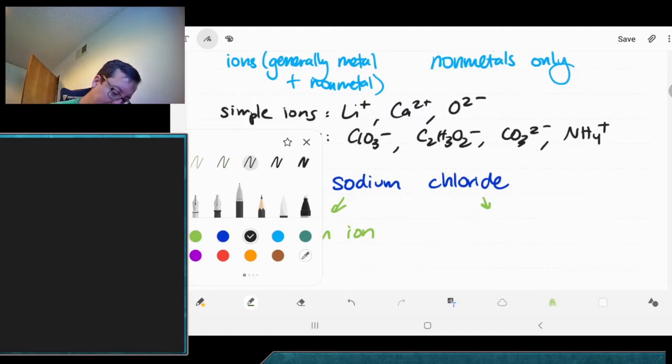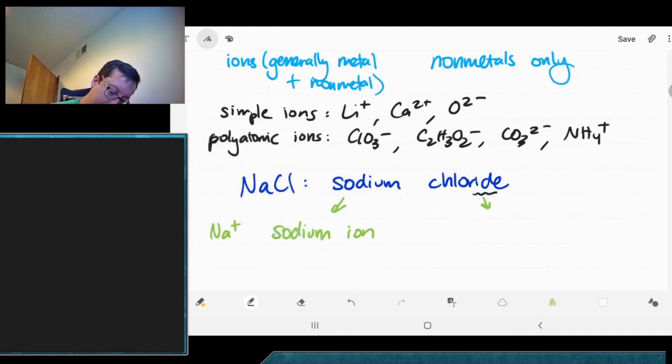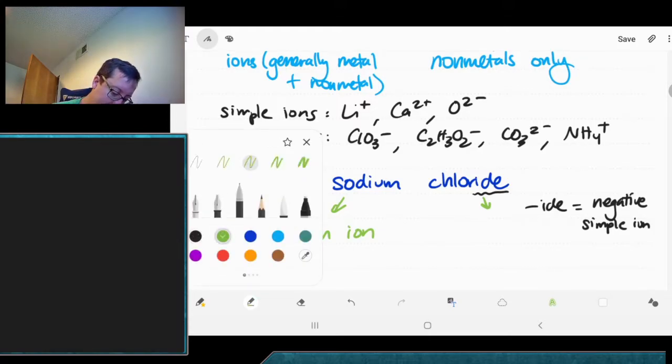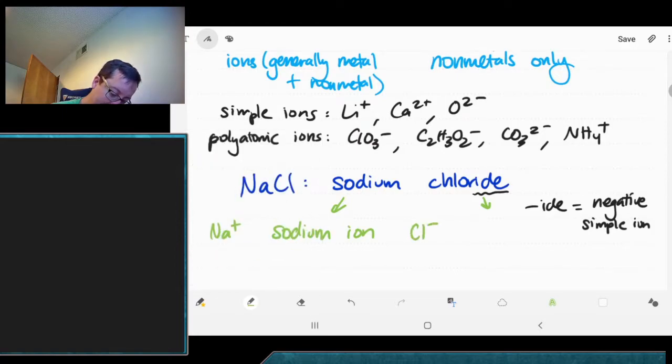We're going to see this "ide" ending means a negative simple ion, or a simple anion, you could say. We're going to see that anions have this ending "ide."